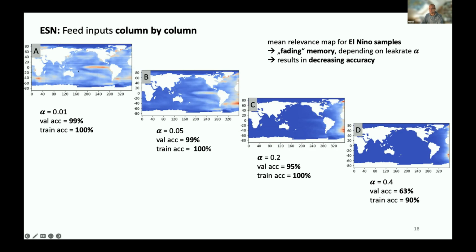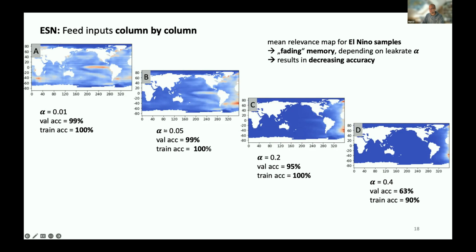And we want to make sure that the model equally involves all time steps. And therefore we need to choose alpha correctly. 0.01 seems to be a good choice to have almost perfect classification accuracy.